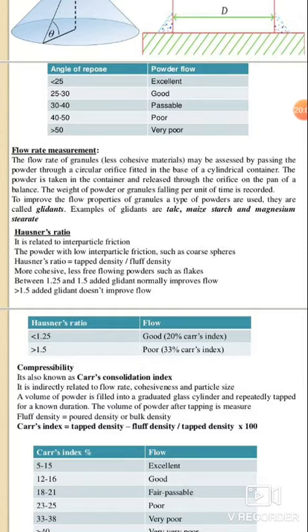So at a time when the concentration of glidant increases, the saturation level starts. At that time your angle of repose value, according to additions of glidant, decreases, because an excess amount of glidant is added in between the powder.